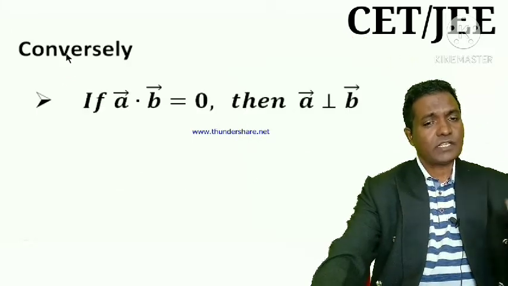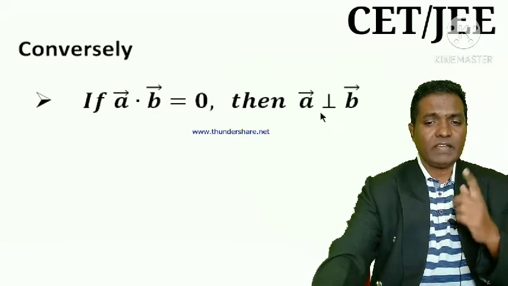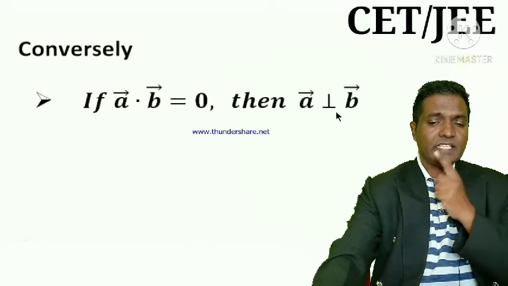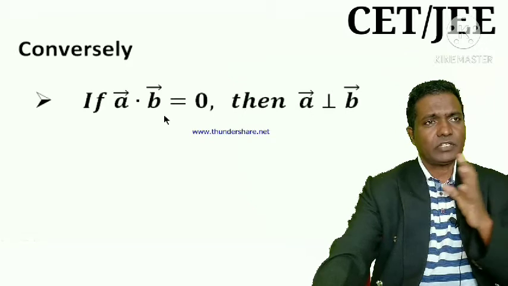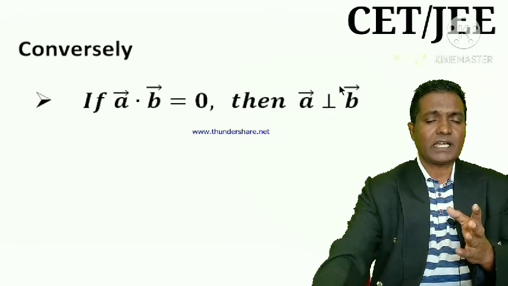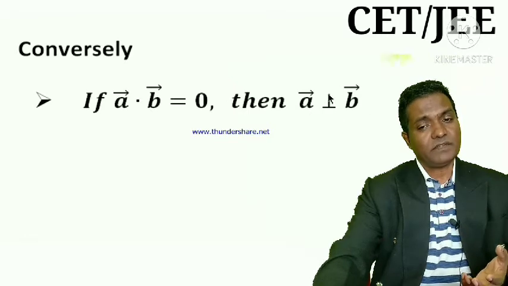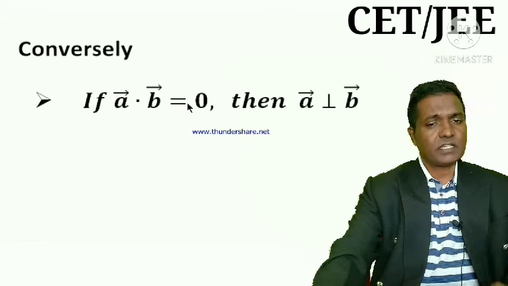The converse is also true: if their dot product is 0, then definitely vector A is perpendicular to vector B. Whenever the dot product is 0, they are going to be perpendicular, and conversely, if vector A is perpendicular to vector B, then their dot product is also 0.